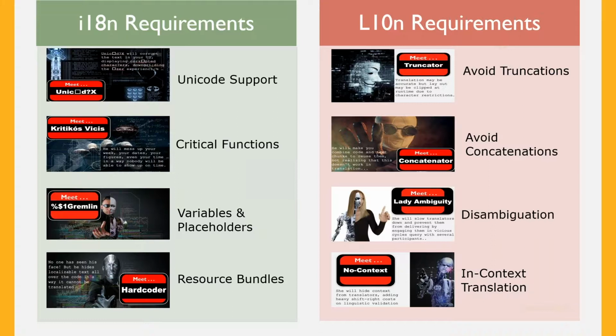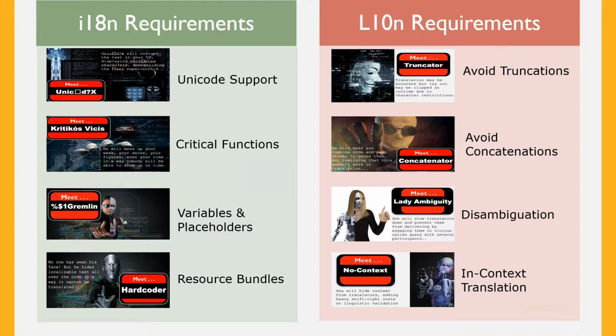So we talked about the major requirements, which basically are Unicode support. We have to avoid critical functions or make sure critical functions work properly, such as the calendar in Europe starting on Monday, not on Sunday. So those things have to be able to be set up and customized for the end users.